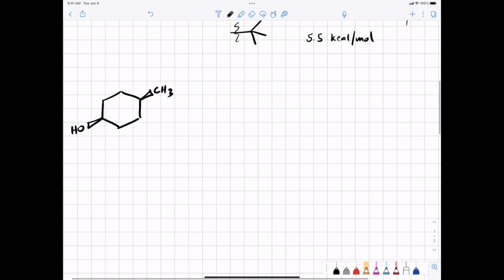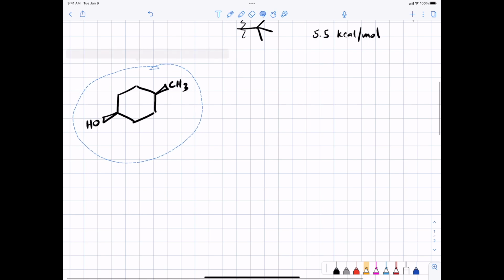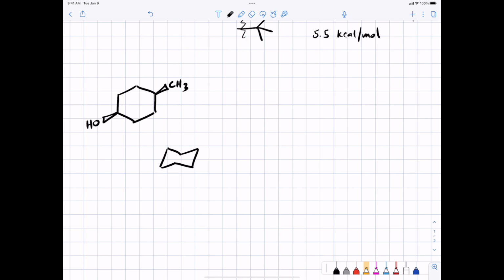All right, so this, like a lot of questions you get asked, draws upon multiple skills. Some people will look at that, they will draw a chair, and then they will say, oh look, the most stable conformation should be the one where everything is equatorial.